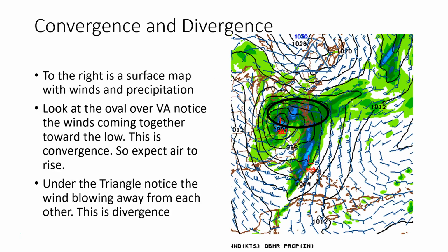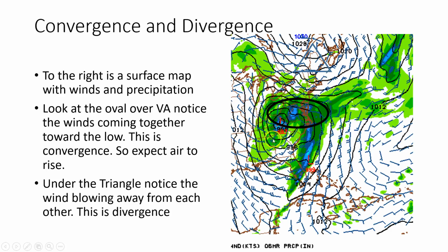So let's take a look at a weather map. We're talking about convergence and divergence as being two things that increase vertical motion. We've talked about winds and how they respond to pressure gradient. Here is a low. It's sitting to the southwest of West Virginia, has a warm front to the north and east of it, across the southern part of Virginia, and a cold front to the south of it, probably running down through Mississippi and Alabama.